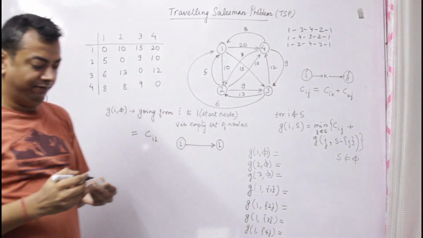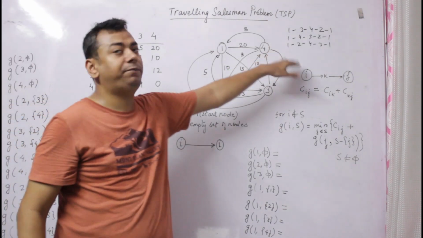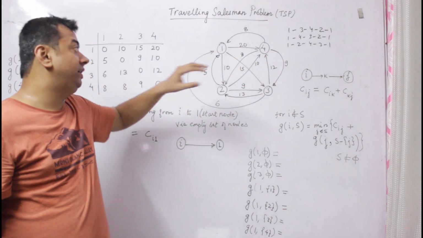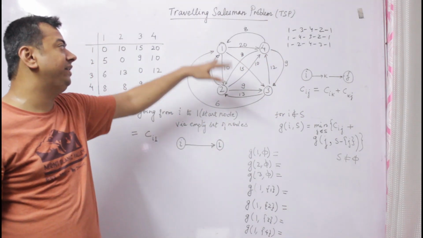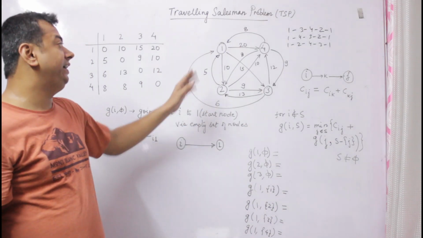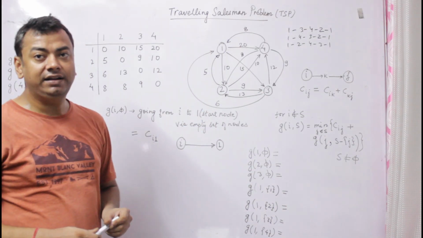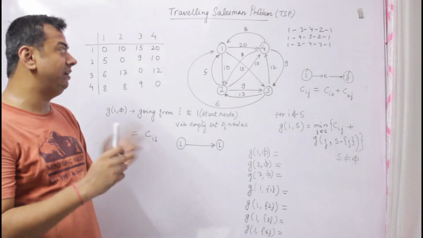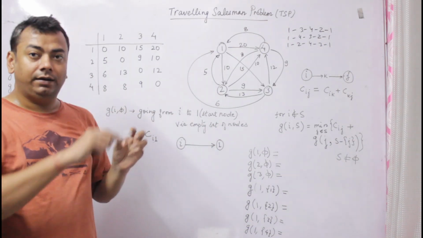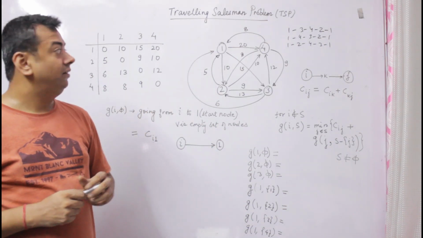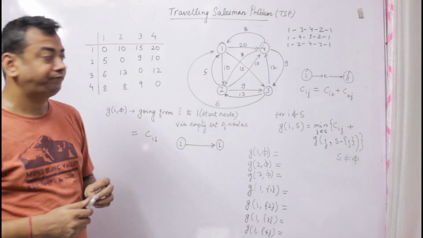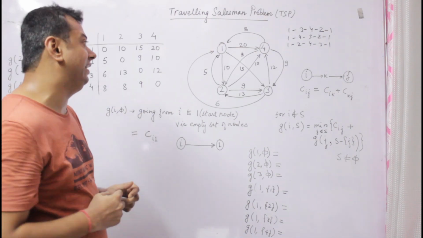So we may have different permutations of the cities. Suppose we have n cities, then n factorial is the total number of permutations for the path of the salesman.